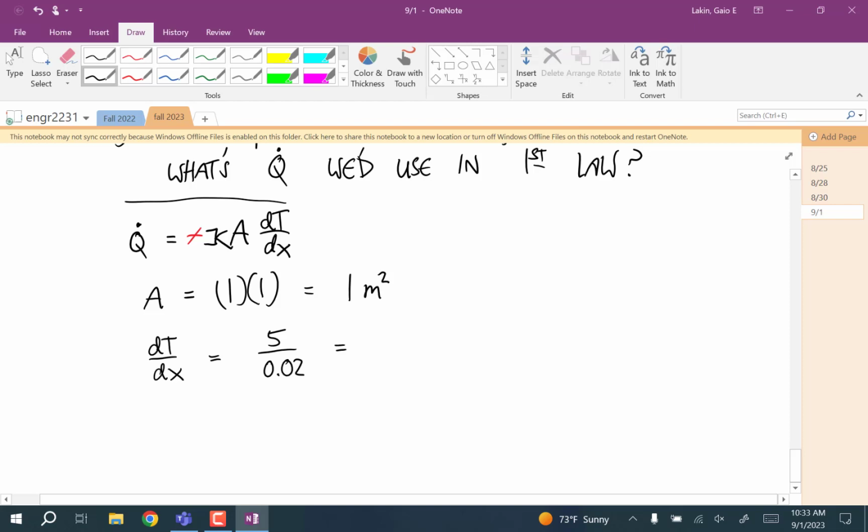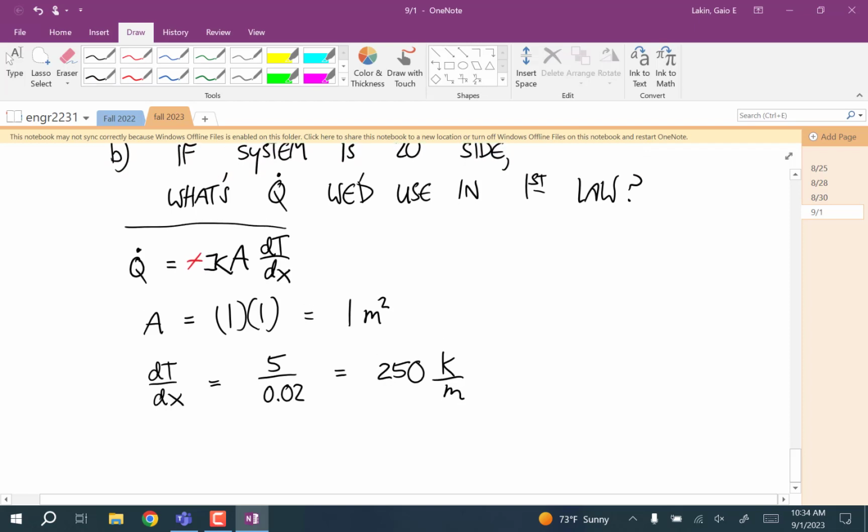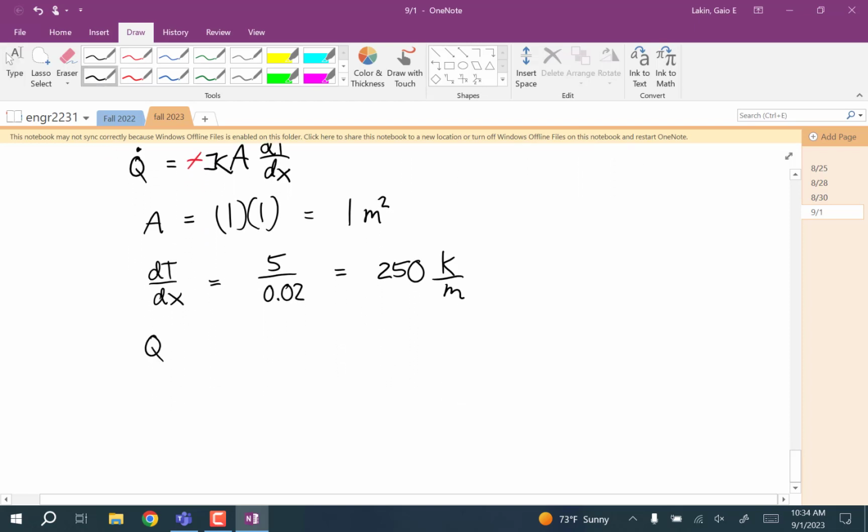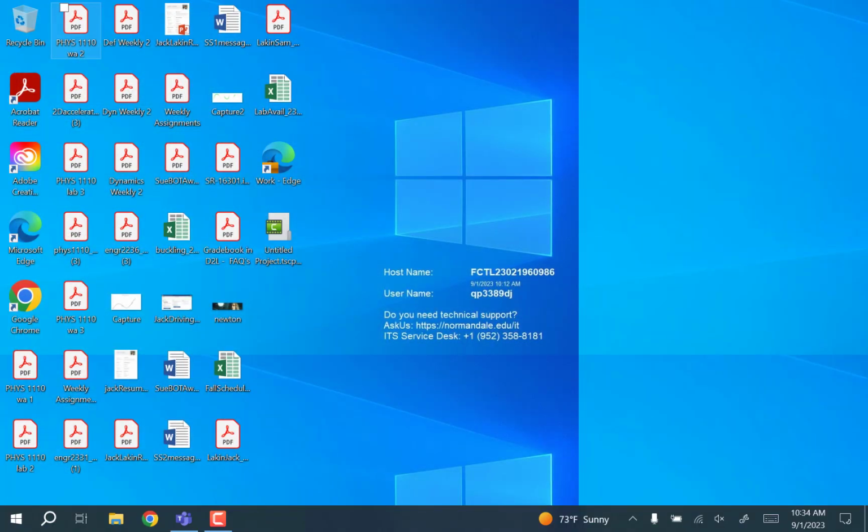And so this is 250, right? And that would be Kelvin per meter. And so Q dot is equal to 1.05 times 1 times 250, and you get 262.5.